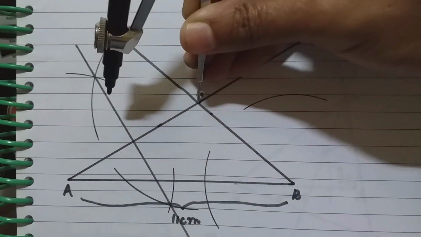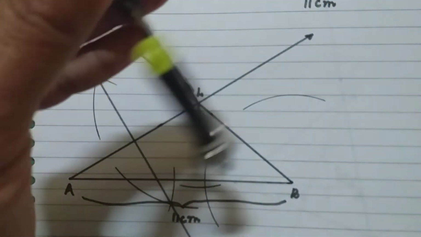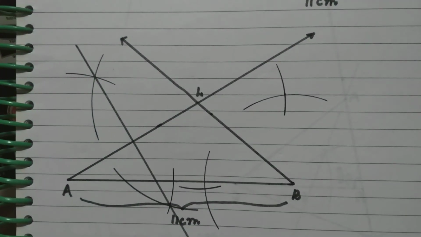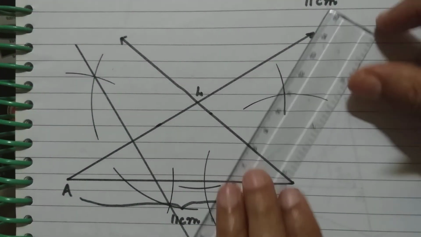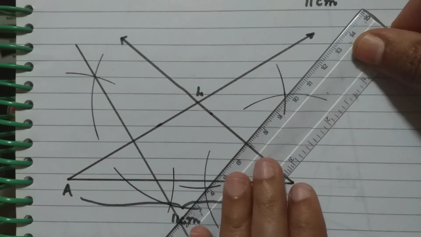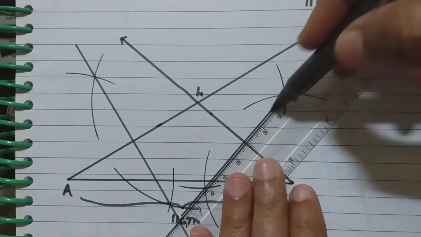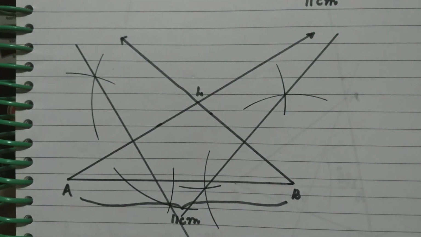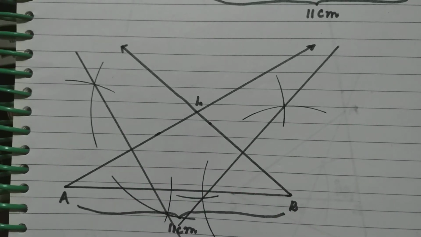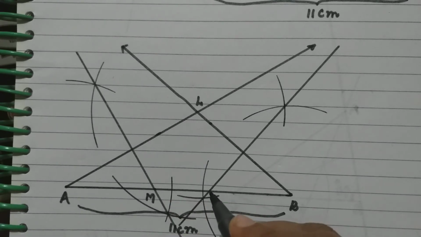Then from L, again I cut this pair of arcs and now draw a line passing through the point of intersection of these two pairs of arcs. Okay, now we get the other two vertices. One vertex is L, the other two vertices were M and N. So this is M now, this is N.